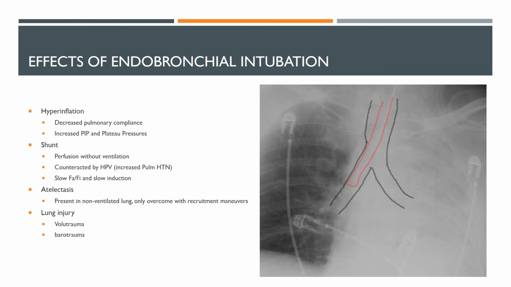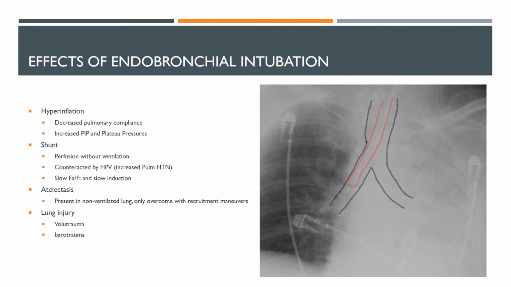We can see also that with induction, there's a slower rise in FA over FI, and if we are depending on inhalational agents for induction, induction can be slowed when only one lung is being ventilated. Atelectasis can occur, as we see in this picture on the right.